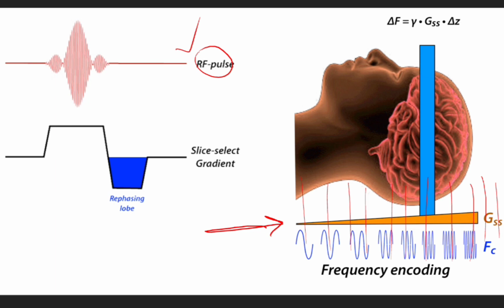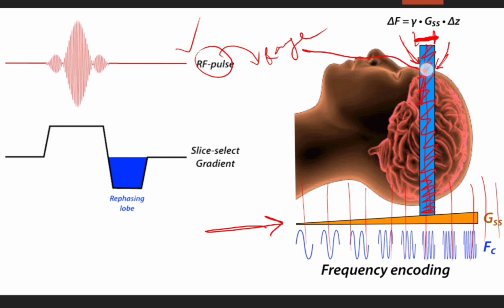Because of that, whatever slice we want to examine, we know the frequency of this point and this point. So we know the frequency range, and according to that frequency range, we will apply the RF, the same frequency that we want to excite.